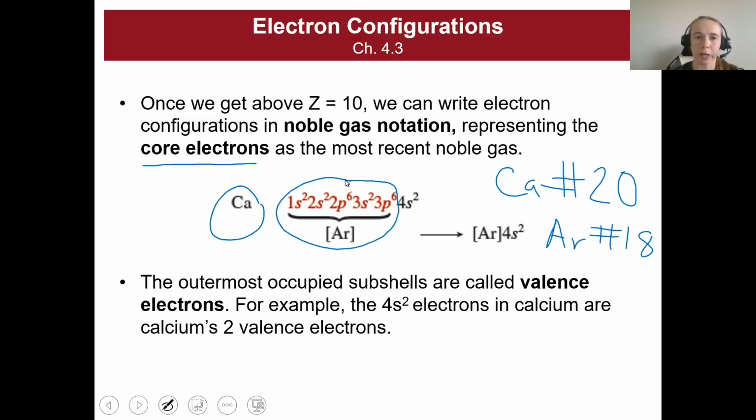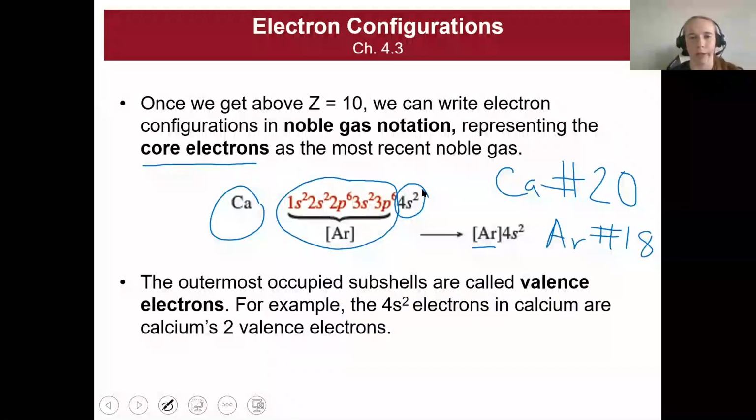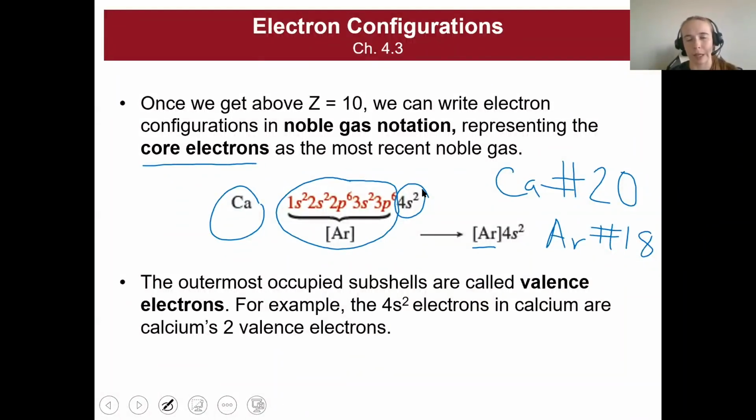Instead of writing 1s2, 2s2, 2p6, 3s2, 3p6, we just write argon in brackets as our noble gas core. Then the remaining two electrons are in the 4s orbital, so we just write them by themselves as 4s2. So the noble gas notation for calcium is argon 4s2.